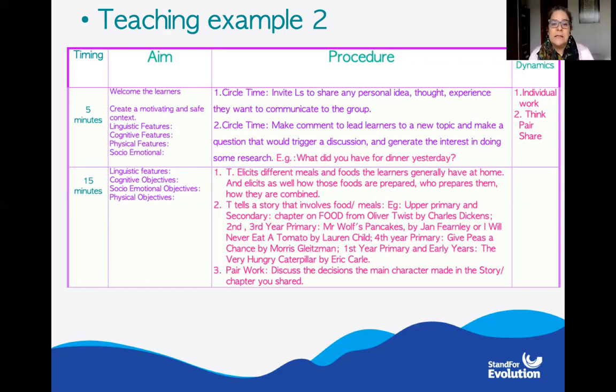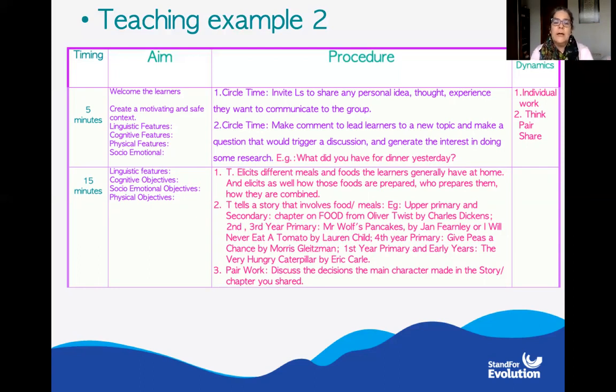And then you might tell a story that involves meals and food. And if we talk about, for example, upper primary or secondary school learners, we might be reading a chapter of Oliver Twist by Charles Dickens, where he talks about food.